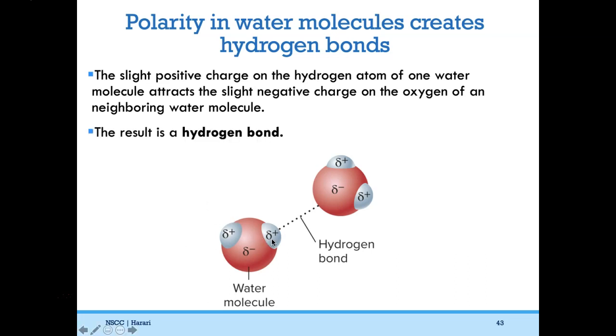So the slight positive charge on this hydrogen atom of one water molecule attracts the slight negative charge on a neighboring water molecule, right? So this is an oxygen of a separate water molecule. And this dashed line represents the very weak interaction between this partially positive hydrogen and this partially negative oxygen. This is a hydrogen bond.